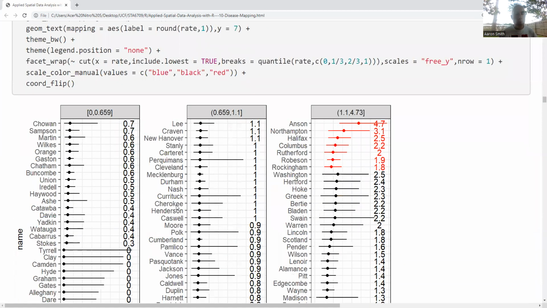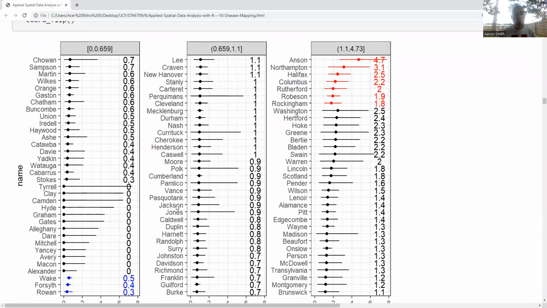How I approached this was I broke up each of the counties into 3 groups. You can see that here I put all the ones that are statistically less than 1 in terms of the confidence interval.